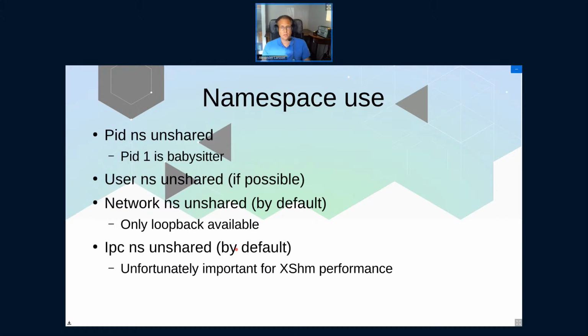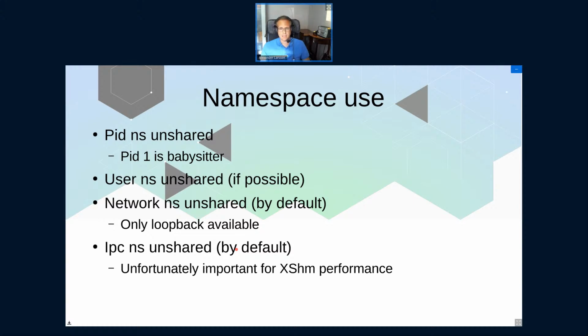In Flatpak, we unshare PID and user namespaces. We also, by default, unshare network and IPC namespaces. However, network is used by a lot of people, so there's a permission to enable that.